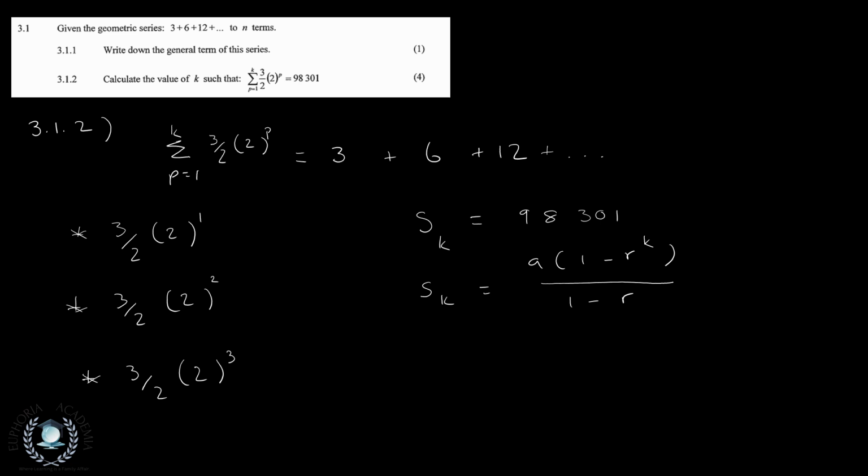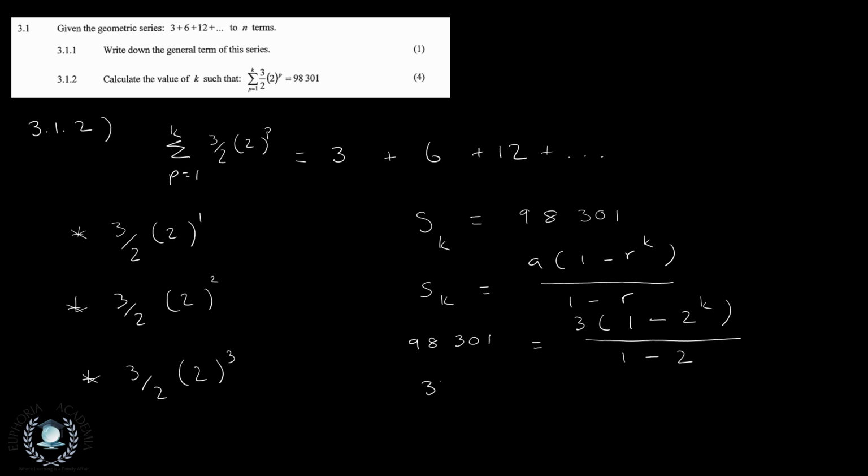Now we're just substituting: 98,301 is equal to 3, our first term, times 1 minus 2 to the power of k, over 1 minus 2, since our constant ratio is 2.